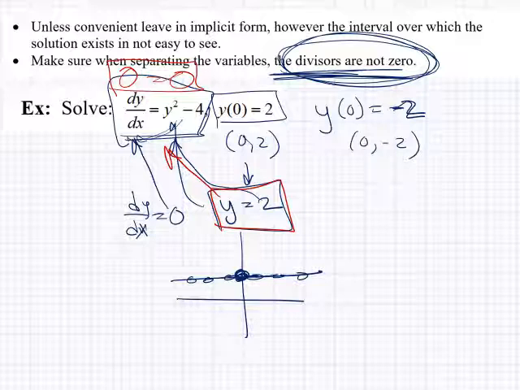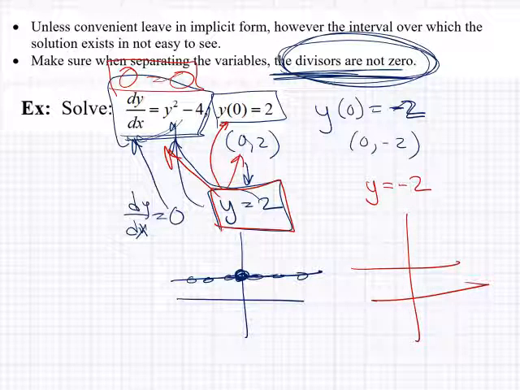It's a solution to the differential equation that goes through this point, so it should also satisfy this initial value problem. Let's look at this one, y equals -2. Y equals -2 is a horizontal line, the horizontal line that goes through -2 down here, and all these other points have a y value of -2.